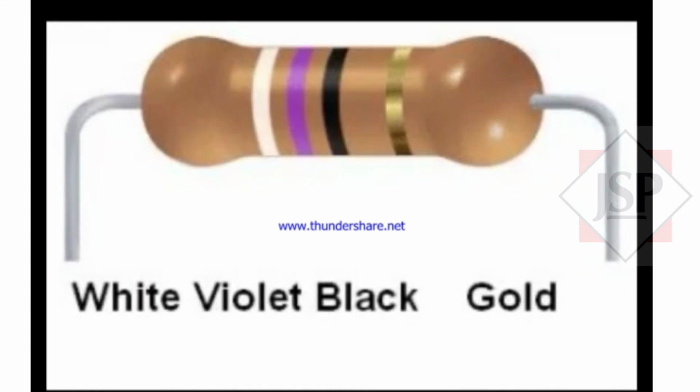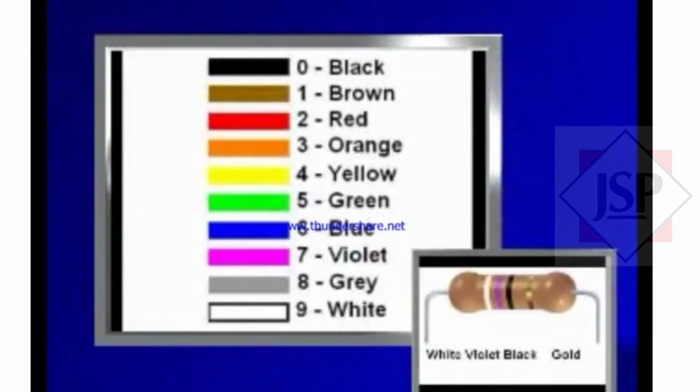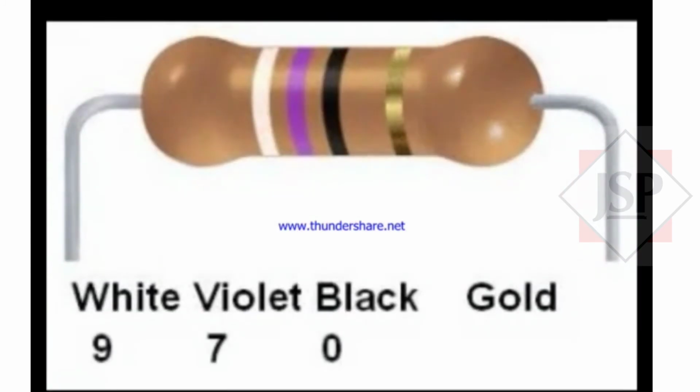Here is another resistor, white, violet, black, gold. White is 9, violet is 7, and black is 0. So the color code reads 970. It is a common mistake to interpret this as 970, but remember the third digit is the number of zeros, so 10 raised to the 0 power is 1. The multiplier is 1. There are no zeros appended to the digits 9 and 7, so it is just 97 ohms.